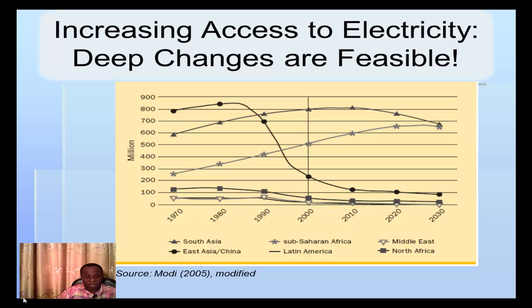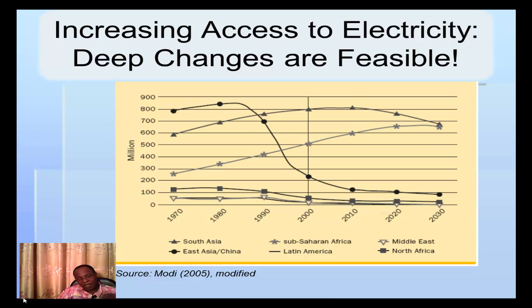Now, if we put this in a global framework, one can see various trends that were plotted by Vijay Modi in 2005, showing how various regions of the world have seen their access to electricity change over time. And the spectacular one is the case of East Asia, China, which had the highest rates of lack of access to electricity up till about 1980 and not long after that.